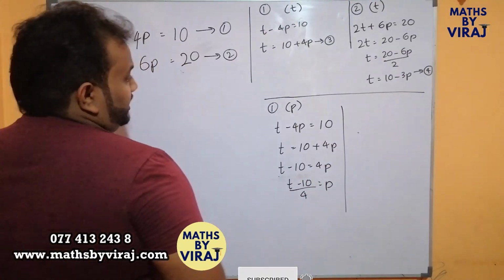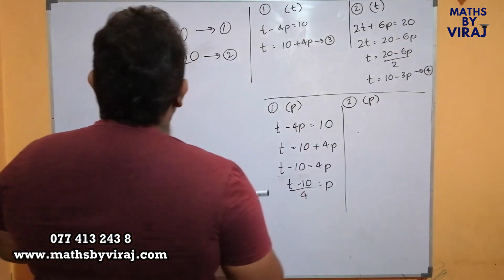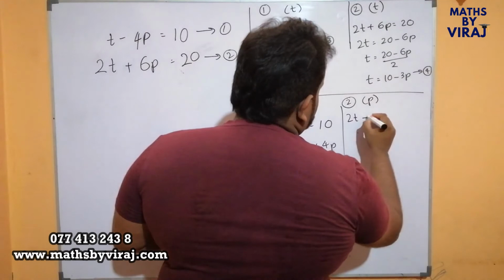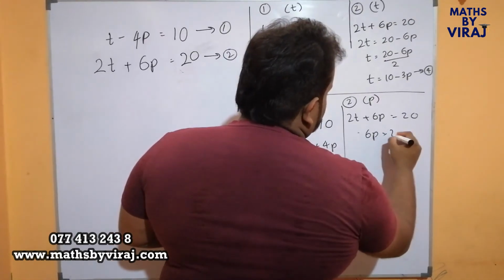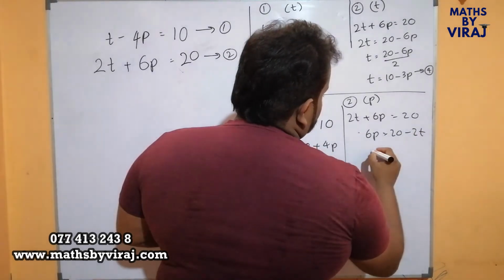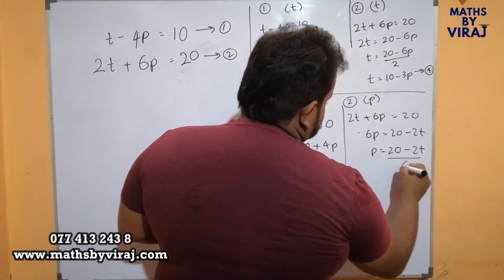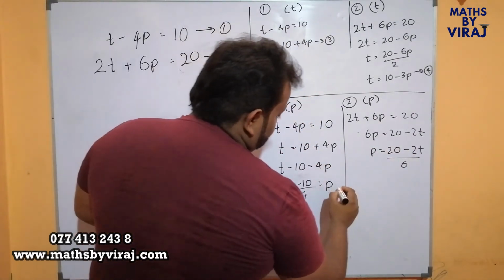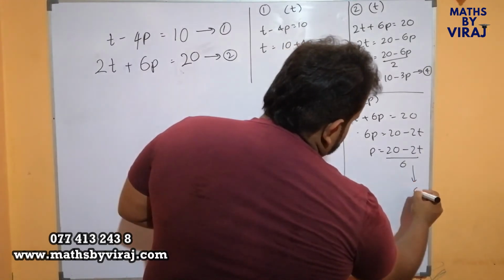Fine. If I use equation number 2 and make p the subject, 2t plus 6p is 20, so 6p is 20 minus 2t. p is equal to (20 minus 2t) over 6. Let this be my equation number 5 and let this be my equation number 6.